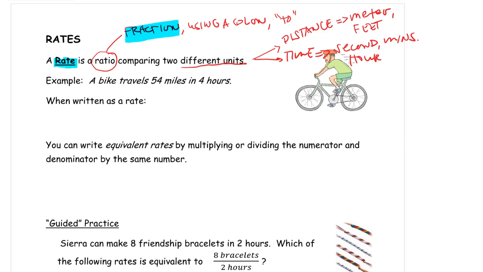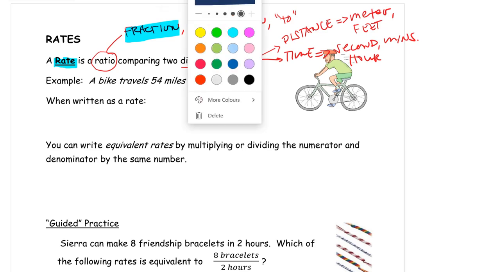So let's take this example here. A bike travels 54 miles in 4 hours.